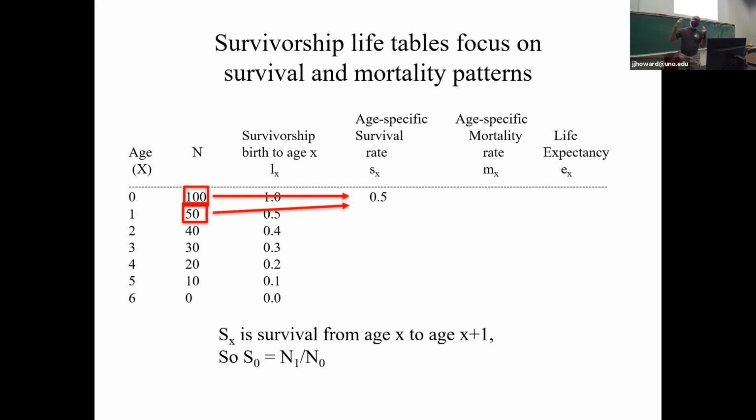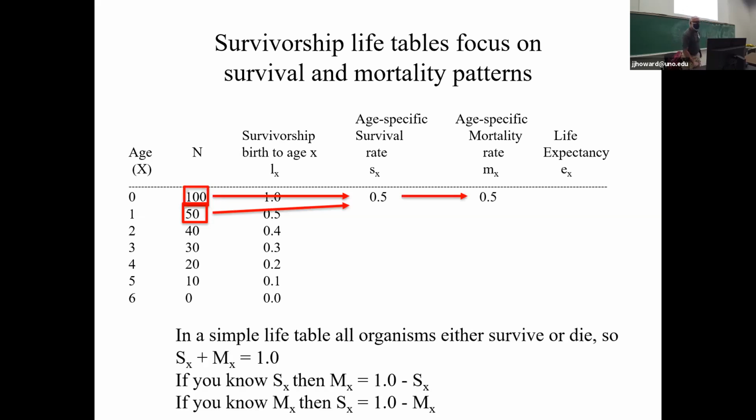Okay, but then what's S1? That is the probability that a 1-year-old will survive to be 2. Let me just remind you that you generate the mortality by saying what's left over after we survive. So 1 minus S0 is M0.